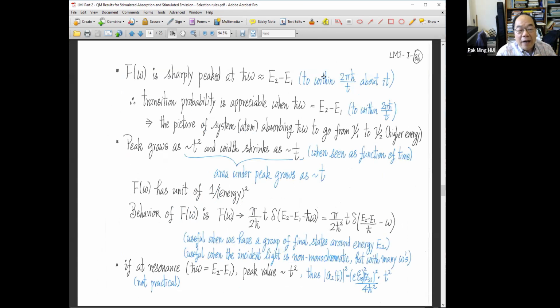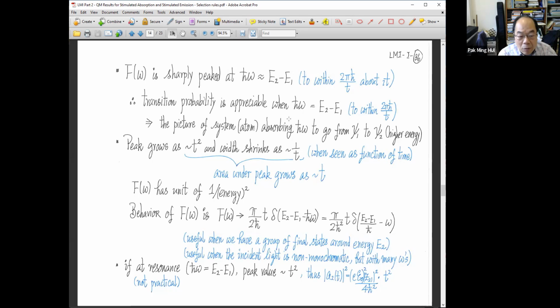So let me summarize. As time goes on, the peak will be higher, the 2 sides will be narrower, and the area under the curve will go like time, first power in time.